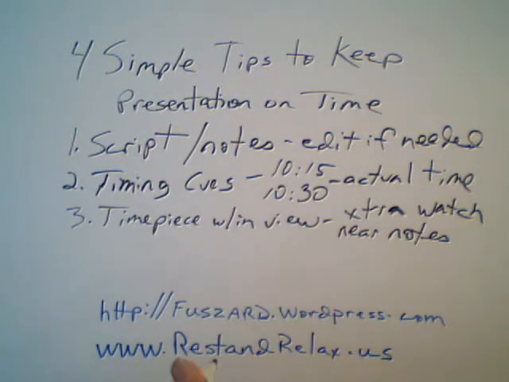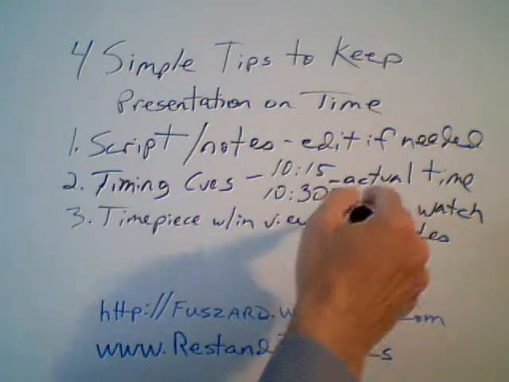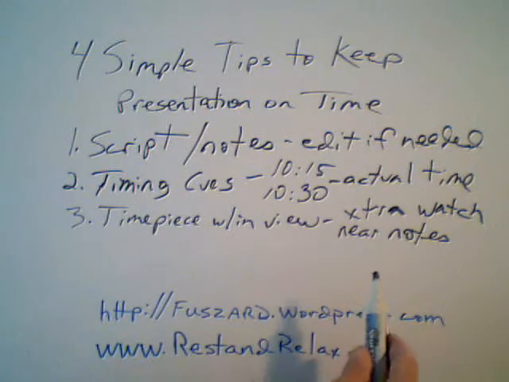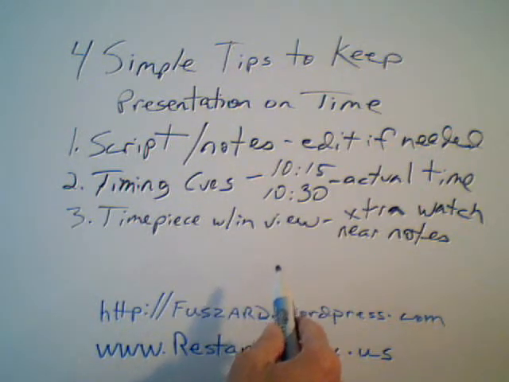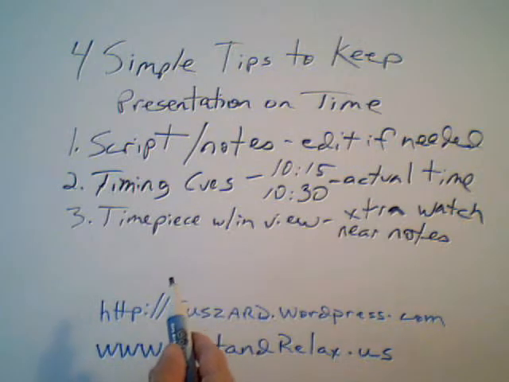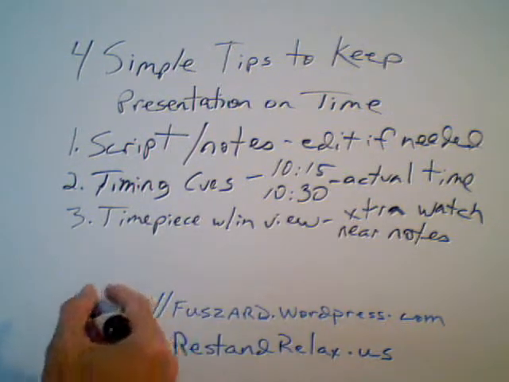In fact, I do that as well. It's very handy. That way, as you glance at your notes, you can glance down at your watch and see what time it is. So have an extra watch or timepiece near your notes, because you can't assume that the room you're speaking in will have a clock, especially one that's conveniently located like up against the back wall. Bring a timepiece with you.